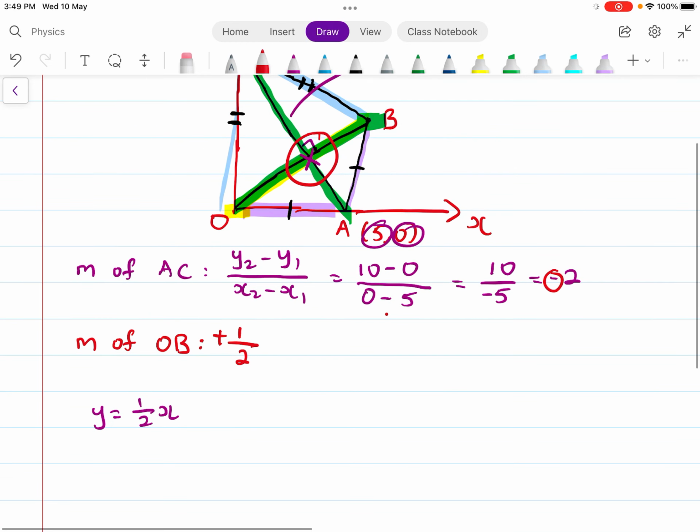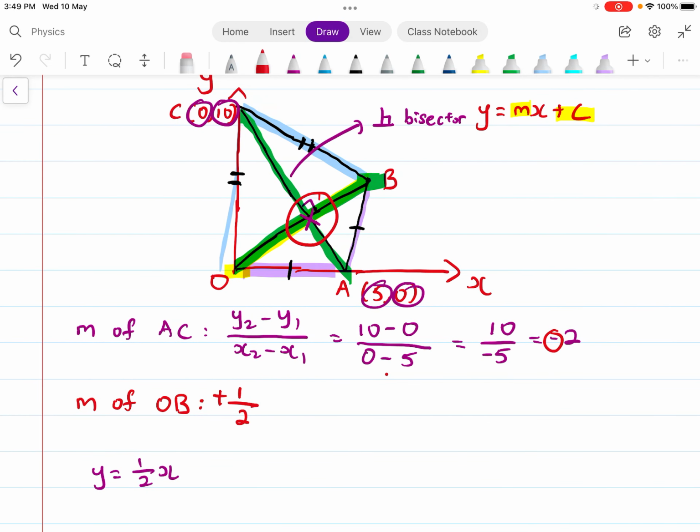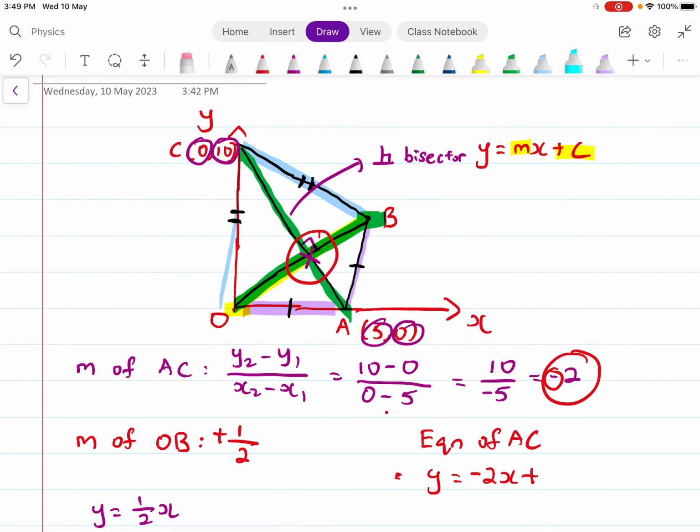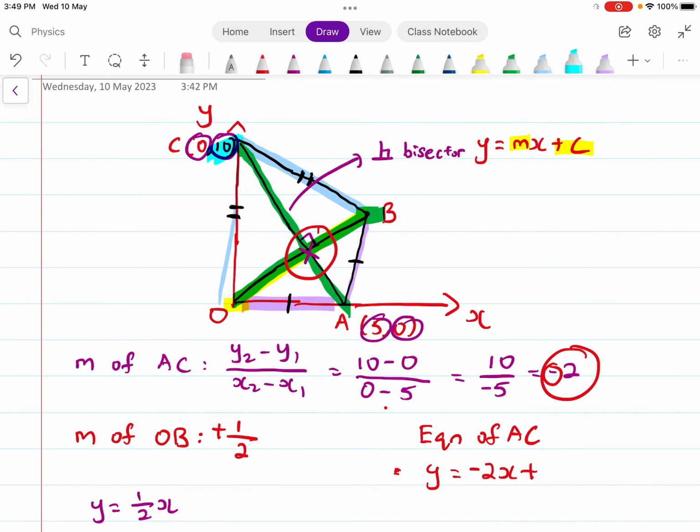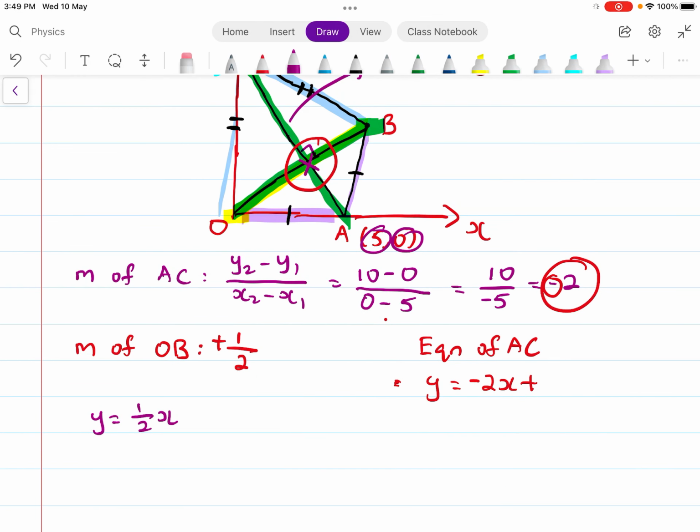Now it's time to determine the equation of AC. I already know my gradient is negative 2. What about the c? The equation of AC is y equal to mx plus c, so negative 2x plus c. Looking at the diagram, AC cuts the y-axis at 10, so you just put 10.